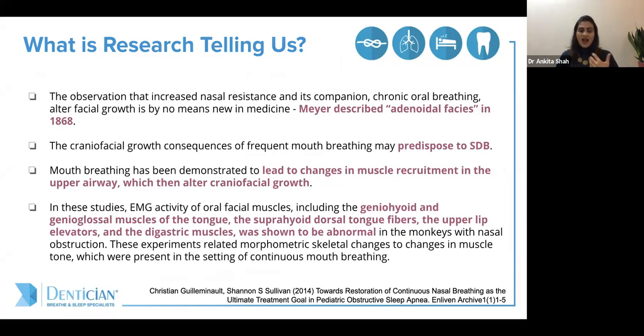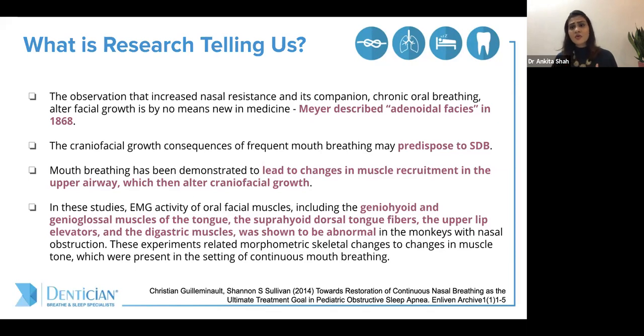What are other parts of research telling us? We've known about adenoid facies since 1868. And what are these adenoid facies? It's basically an alteration in your craniofacial growth, right? As we've seen, craniofacial growth is going to predispose you to SDB. And we also know that whenever there is mouth breathing, there is going to be a change in your muscle tone.